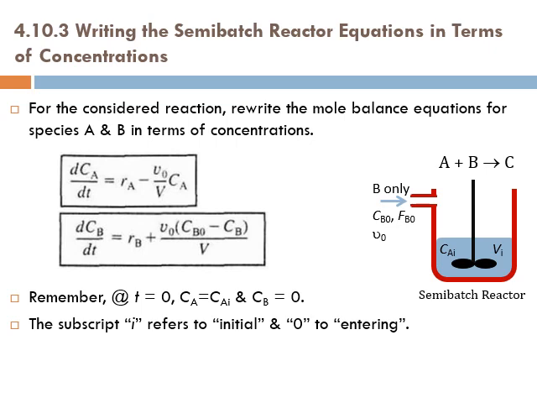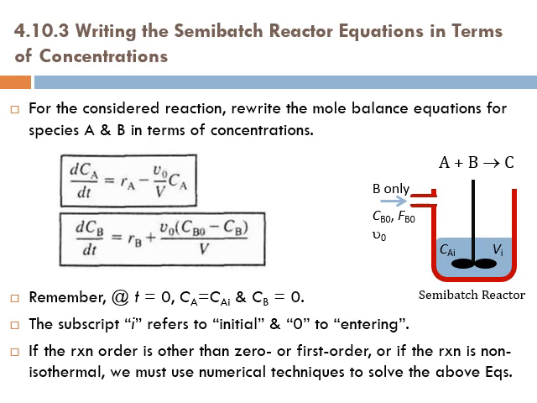The subscript i refers to initial and not to entering. Don't forget that, please. If the reaction order is other than 0 or first order, or if the reaction is non-isothermal, we must use numerical techniques to solve the above equations, and we can use Polymath, of course.